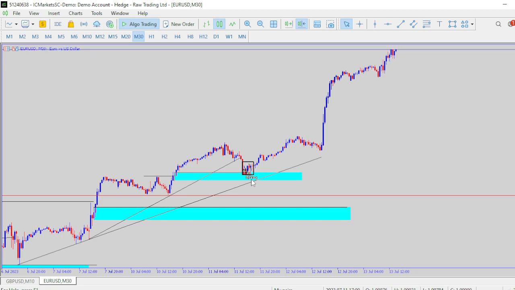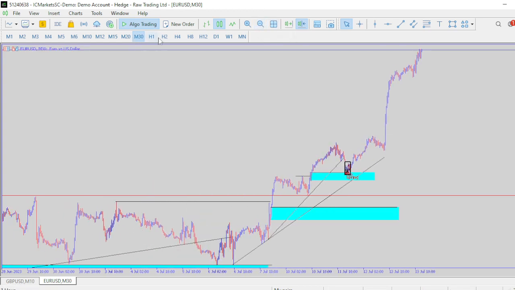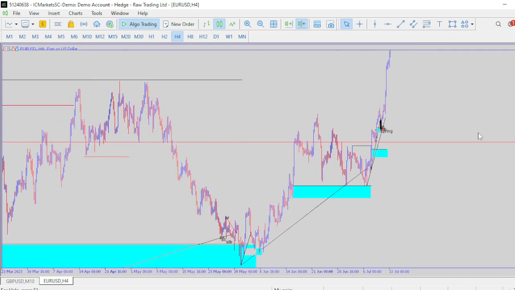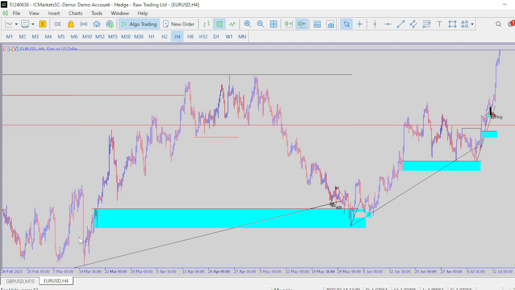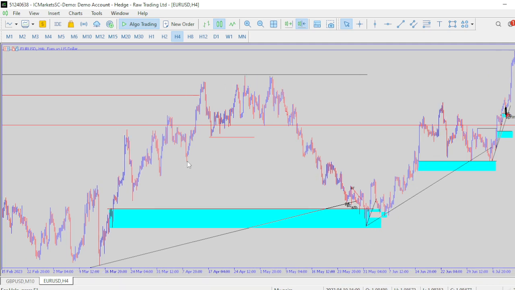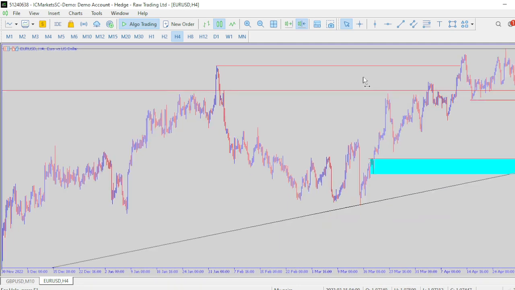If it's a bigger structure, this bullish leg, internal structure, if it's a bigger move, the price will take some time to create a new higher high, like this point, you see.